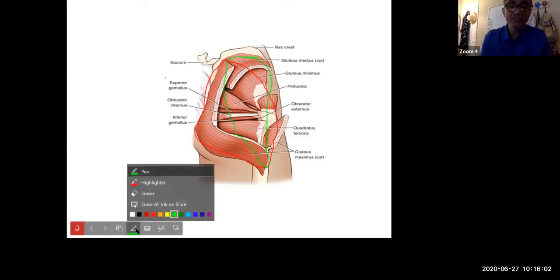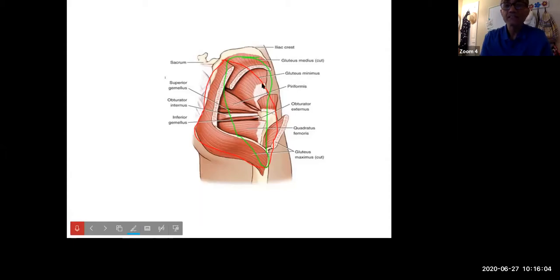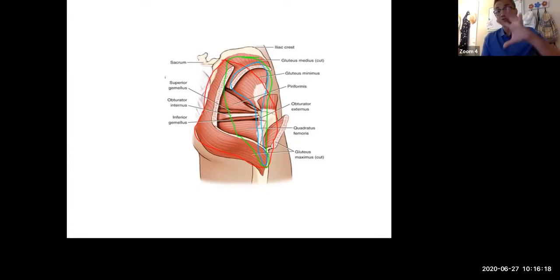Underneath the gluteus medius, you will see the smaller gluteus, the minimus, which starts from here and also goes all the way down this way. So the gluteus maximus covers all the other gluteus muscles, and we said it starts from where? From the sacrum, from the midline, and goes all the way down to my femur.